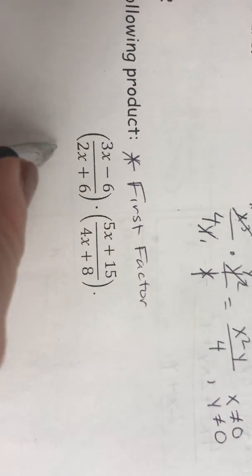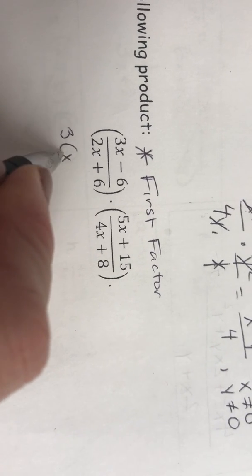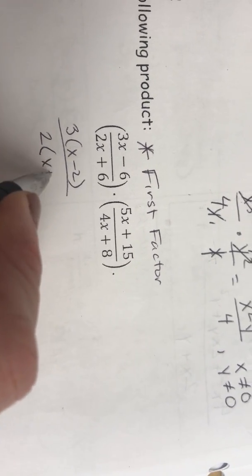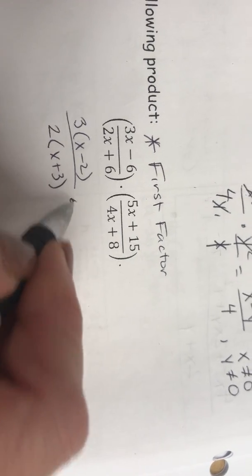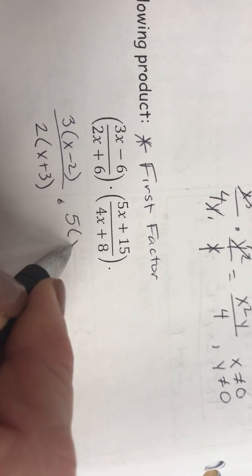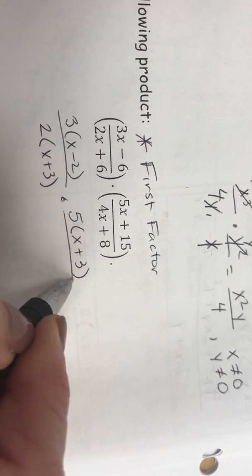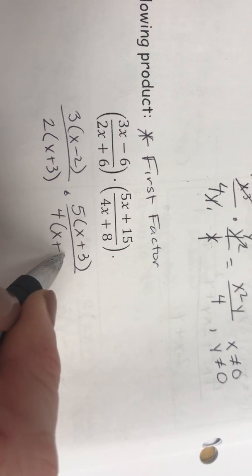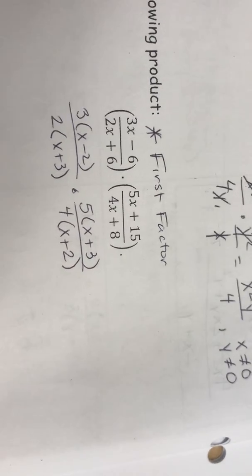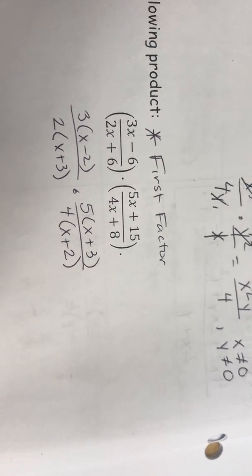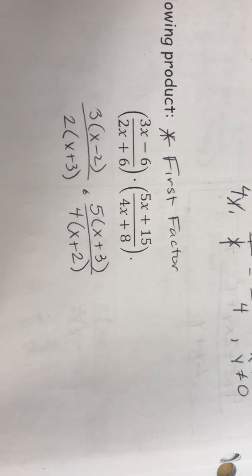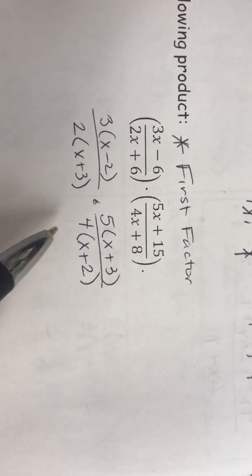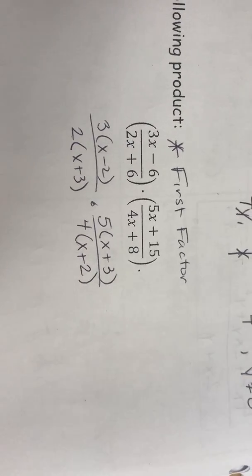Okay, so we have a GCF here. 3 times x minus 2 over 2 times x plus 3, times 5 times x plus 3 for the GCF, and 4 times x plus 2 for that GCF. Okay? So now look at these and see what can cross cancel or reduce numerator to denominator.